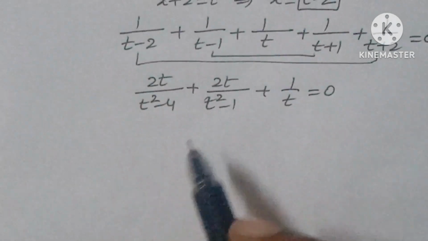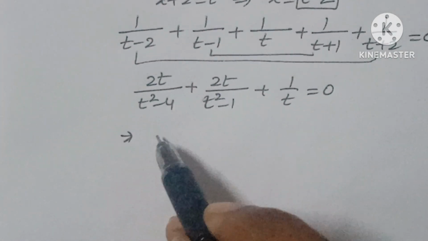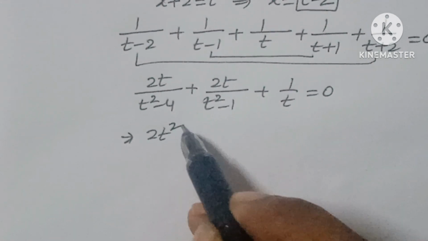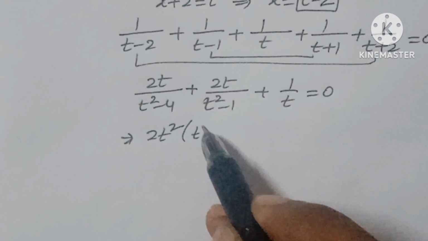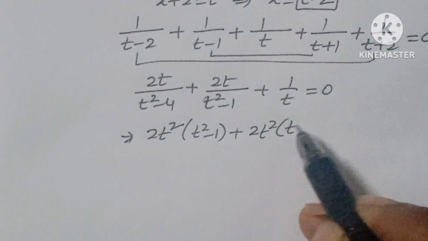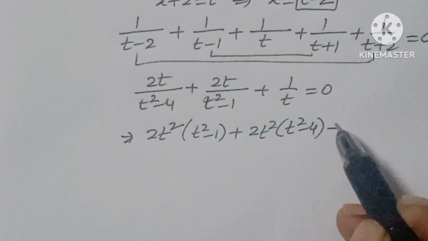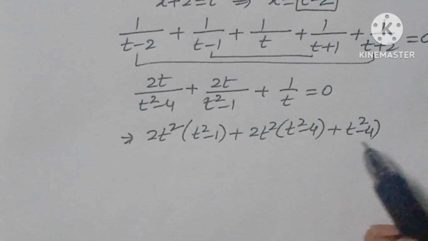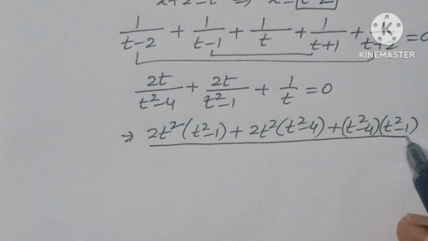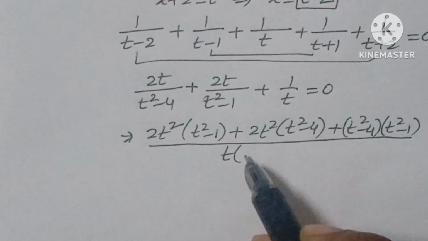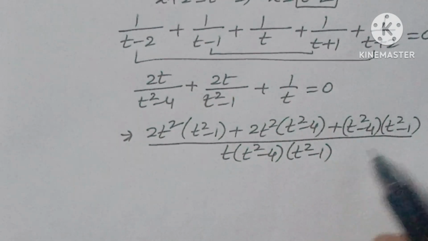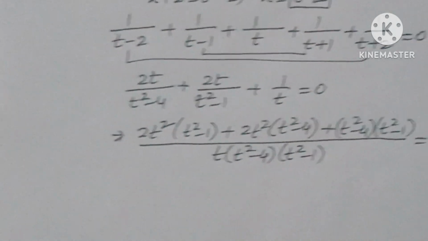So here if you take LCM, 2t square into t square minus 1 plus 2t square into t square minus 4 plus t square minus 4 into t square minus 1 over t into t square minus 4 into t square minus 1 equal to 0.